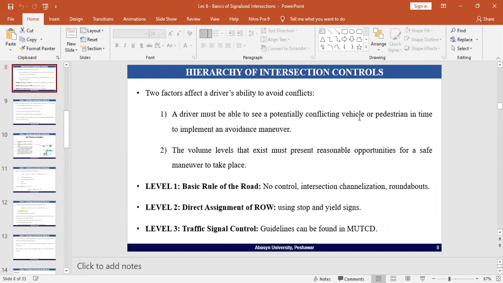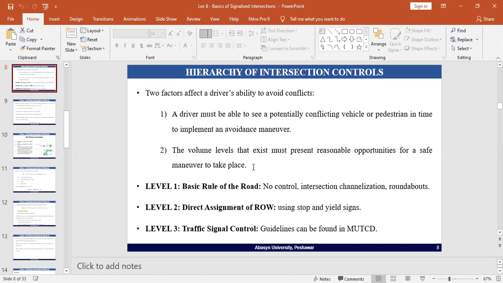If he thinks that something bad can happen if I don't reduce my speed or stop, if he doesn't see it in time. Second, the volume levels that exist must present reasonable opportunities for a safe maneuver to take place. Checking traffic volumes, he must keep this in his mind for a safe maneuver.